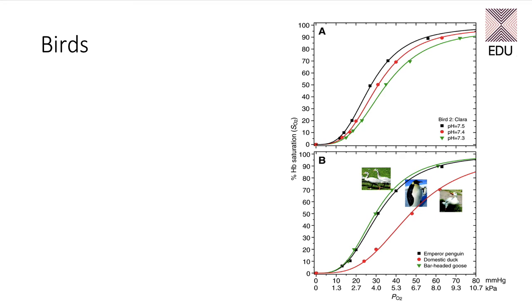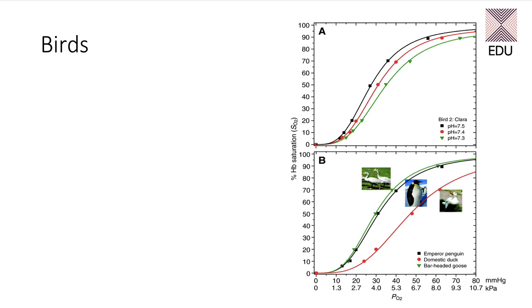Here we can see that the hemoglobin of the bar-headed goose is more efficient to take up oxygen. Second graph is for the black, penguin hemoglobin, which is again good as far as taking up of oxygen or Hb saturation is concerned. And if we take the third graph for domestic duck, the red one, this is lower in efficiency than the first two graphs.